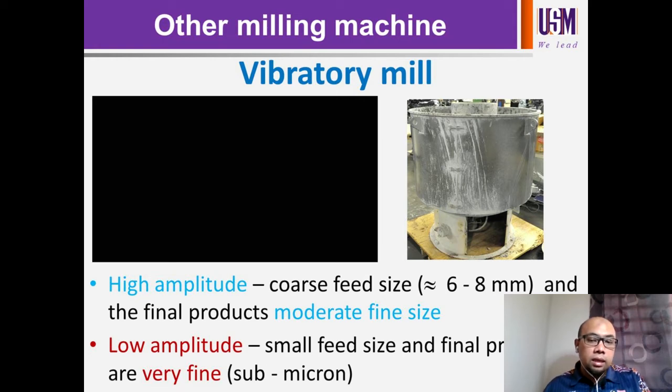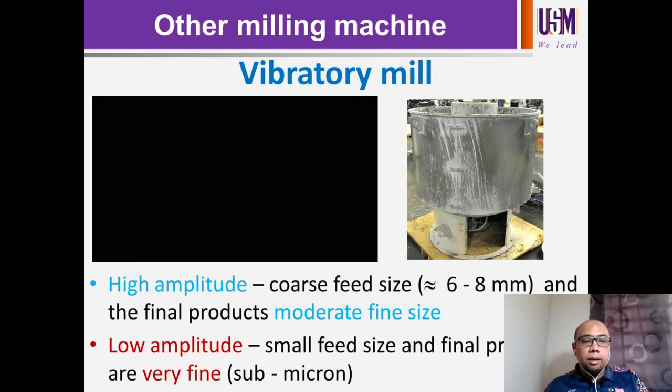You can see the white ring inside the vibratory mill. Actually, it is the milling media. When you vibrate, they come into close contact with the ceramic aggregates or particles, and then they crush them.